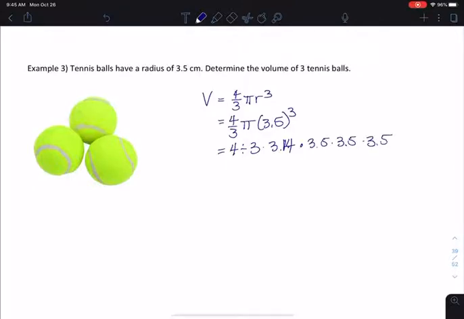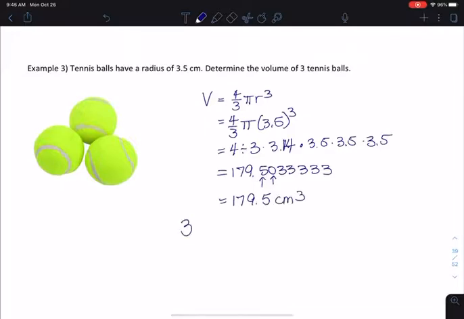You don't have to write that out. You just have to type it in your calculator, which I'm doing right now. And I get 179.50333333, lots of threes. So I'm looking at this one. Is this number greater than 5? Is the 0? No, it's not, so it's going to stay the same: 179.5 centimeters cubed.